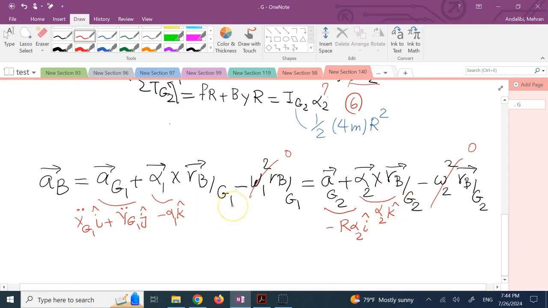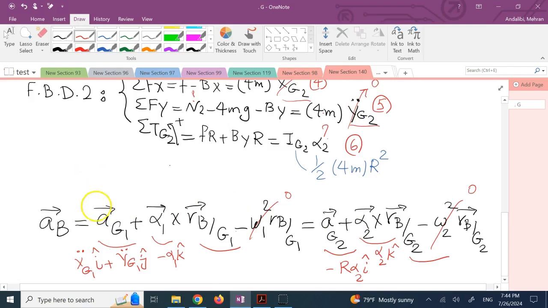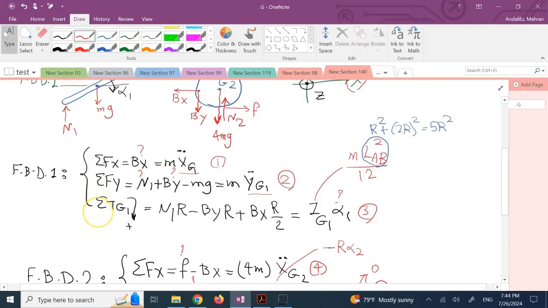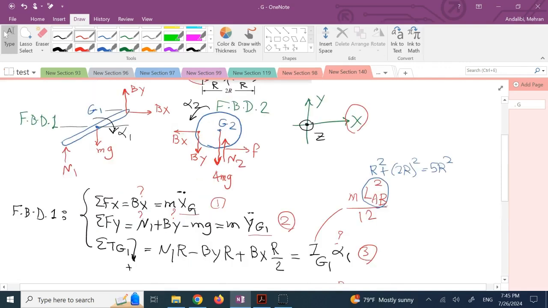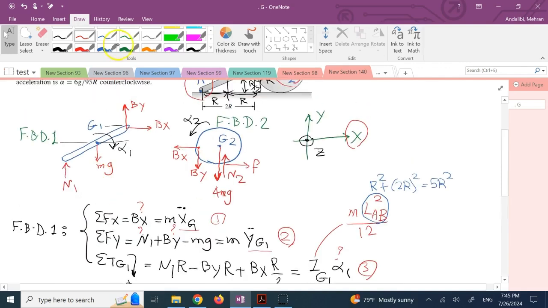And then we have R of B with respect to G1 and R of B with respect to G2. Well, if you look at the picture, B with respect to G1 is this diagonal vector going from G1 to B. So this is the vector I need to find. And for the other one is like this. So B with respect to G2 is simply negative R in the i direction.